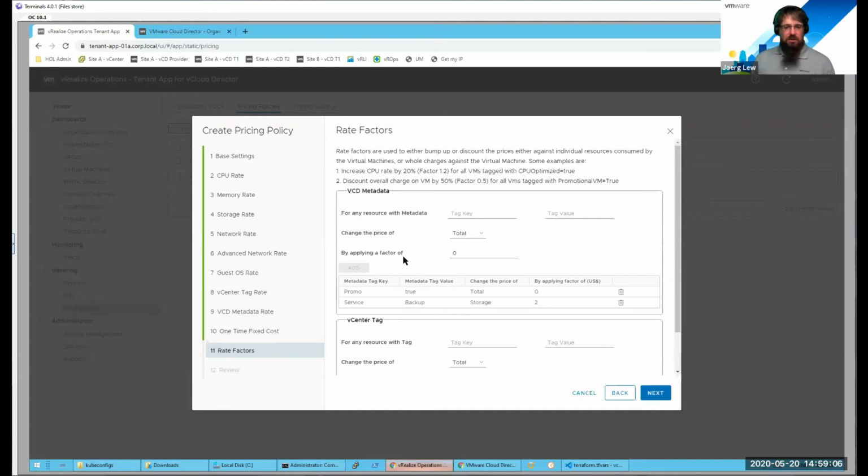That means you can charge and model quite everything, because you can translate quite everything into these metadata or tags that you can then add into the pricing policy.